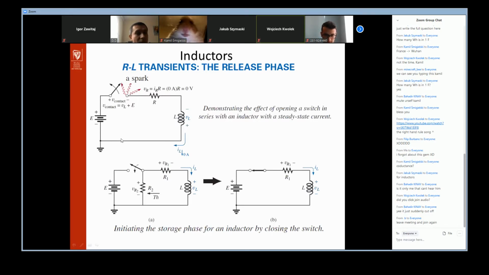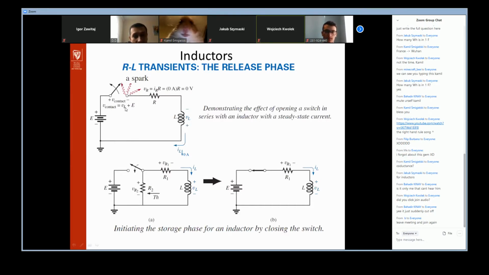So we've got positive potential here, negative here. The voltage across the contacts will be equal, according to Kirchhoff's voltage law, to the sum E plus VL.